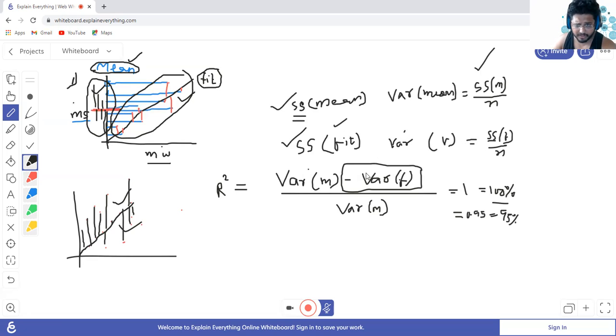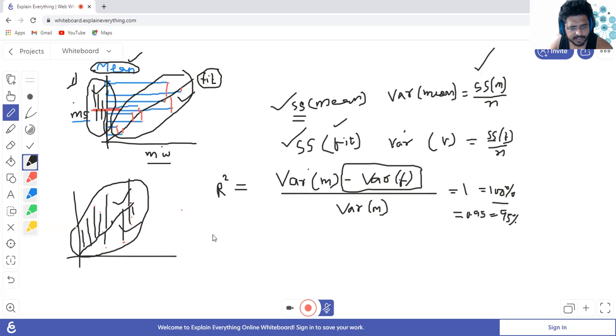When the variance will increase, then the r square value will become small, and that indirectly tells me that this best fit line is having a lower confidence in predicting the future value of mouse size from mouse weight, right?